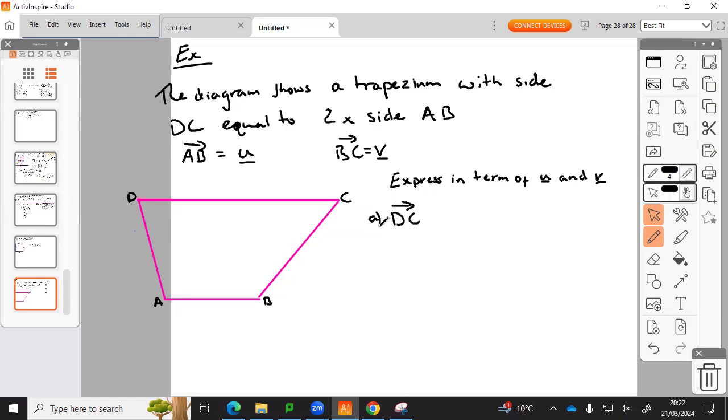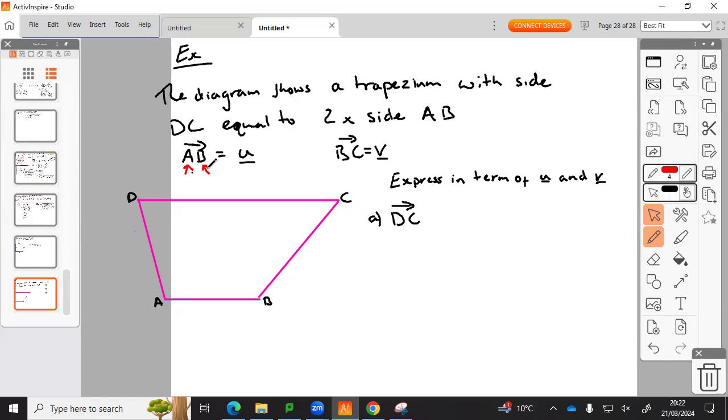So vector AB, when we denote it with those letters, connects point A to point B. But when we denote it just with the U underlined, just by a single letter, that denotes the route that that vector takes.